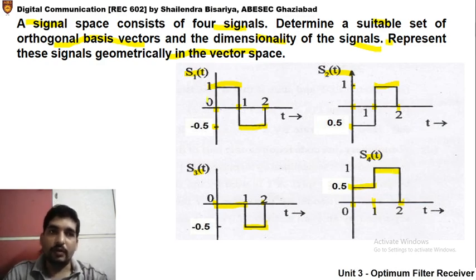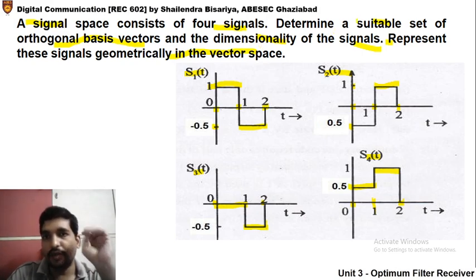Now the question is that a signal space consists of these four signals, and we have to determine a suitable set of orthogonal basis vectors. Orthogonality is satisfied when the integral of x1(t) times x2(t) is equal to 0, so we have to satisfy that condition.